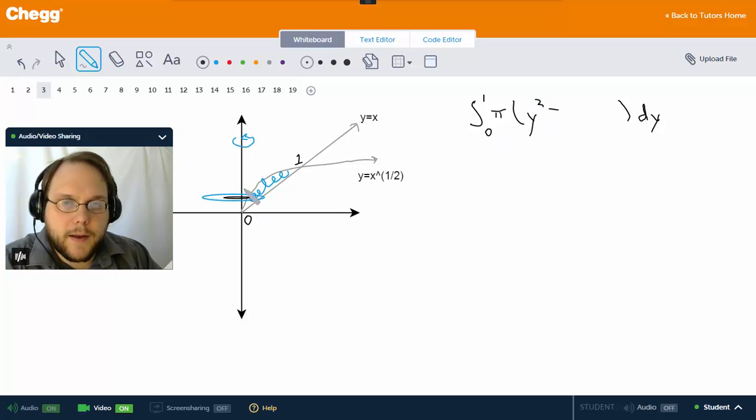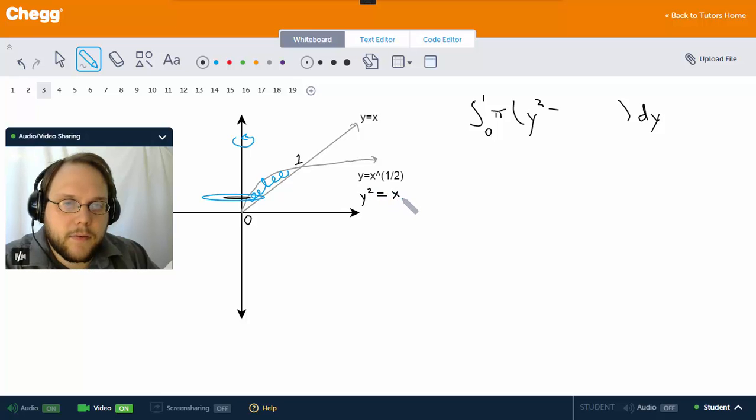What about our inside radius? Well, the inside radius, the black disk, goes to this square root function right here. Right? So the inside radius is given by the x value of this point. Well, we have the equation solved for y. We need to solve it for x, so we have to square both sides.